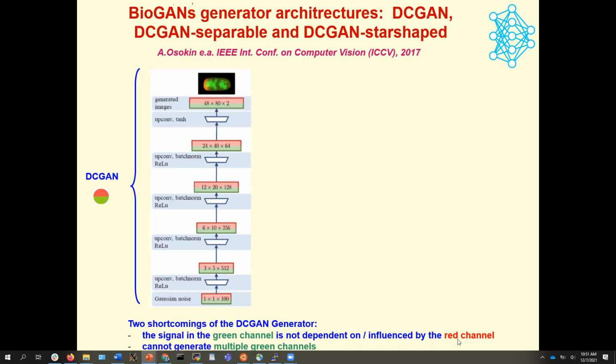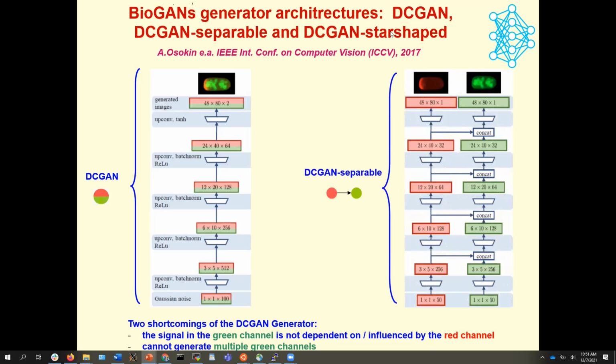The star-shaped architecture will address both these issues, but the easiest way to present it is first to discuss the so-called separable architecture, DC-GAN separable, which is a kind of rudimentary version of the star-shaped architecture.